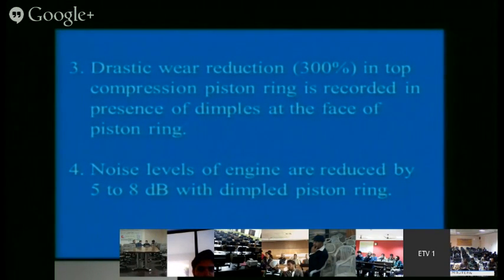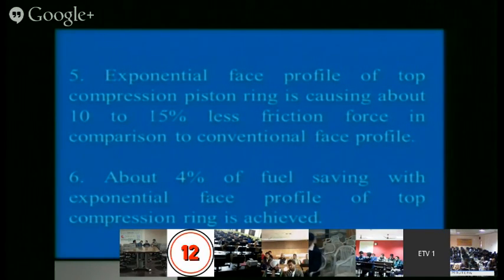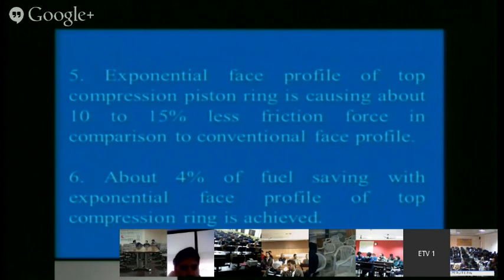And then another two points: when we change the profile, without any dimpling, texturing or any other attributes, merely changing the profile, the result is like this: the exponential phase profile of the top compression piston ring is causing about 10 to 15% reduction in the friction force, which is further leading to 4% saving in fuel.